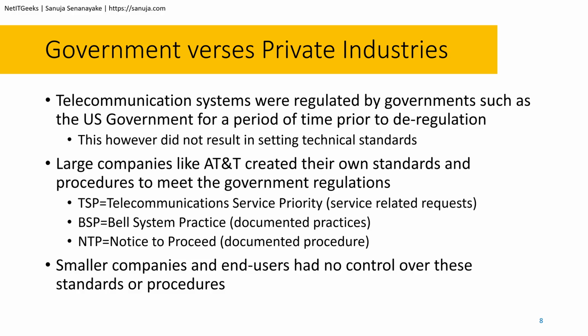So large companies like AT&T created their own standards and proceeded to meet the government regulations, rather than the government saying, yes, we're going to go with that standard and that's going to be the standard for everybody. The government just came up with the regulations and AT&T just met those regulations.